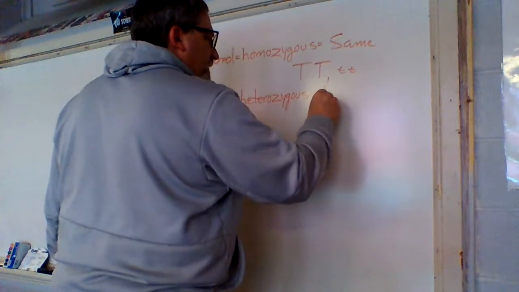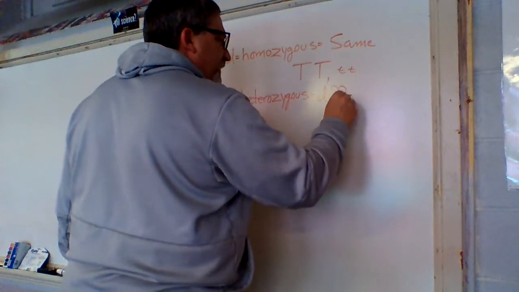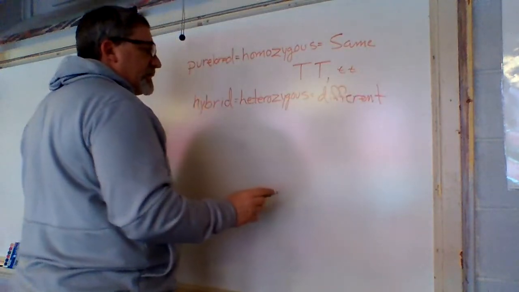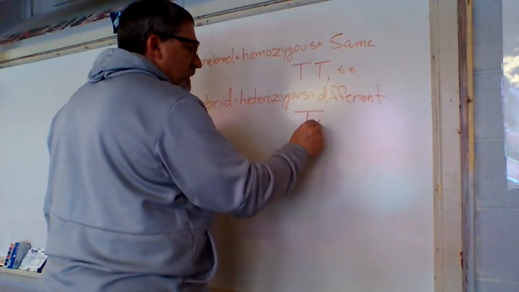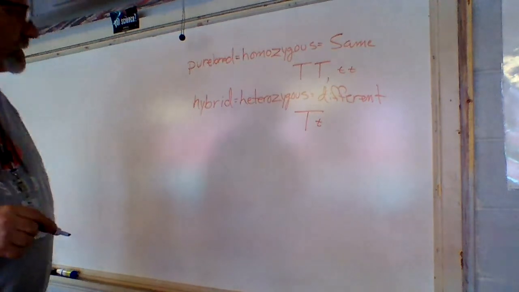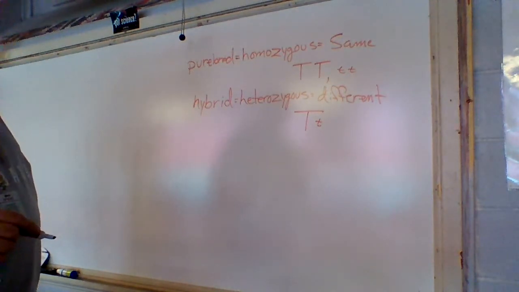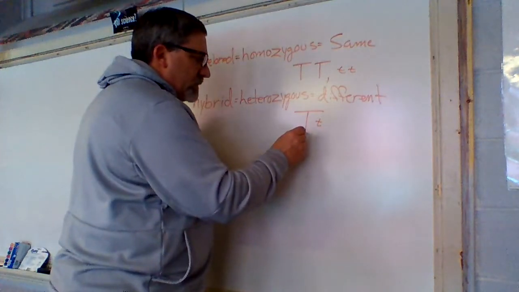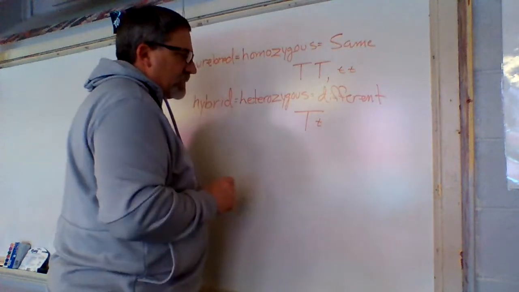And basically what I tell the kids to remember is that it is different. And if we were using the letter T here, it would be big T, little t. So that means that you've got a dominant allele and you've got a recessive allele.